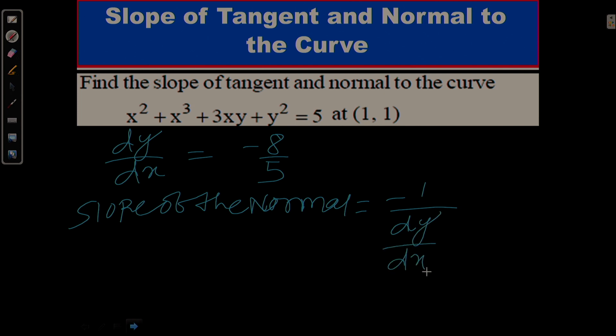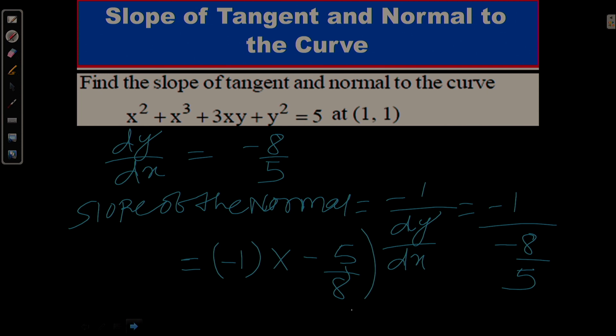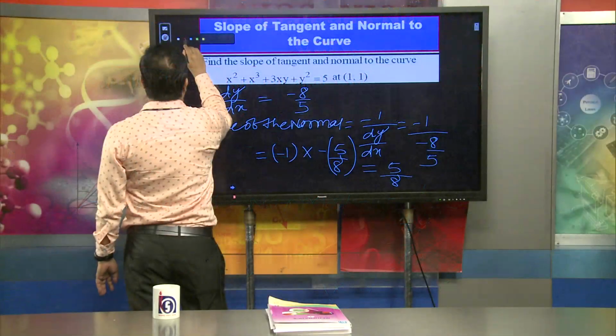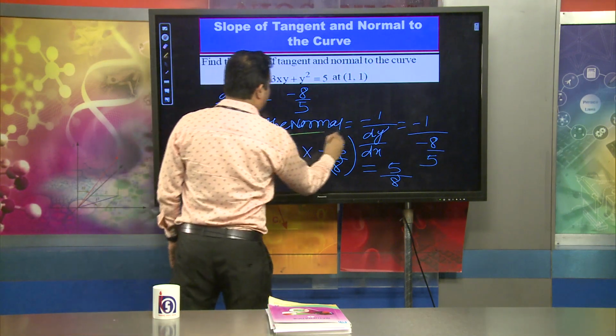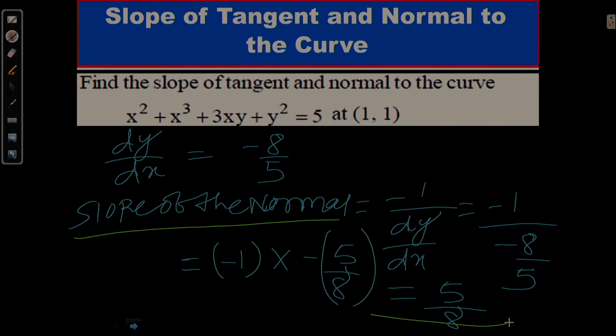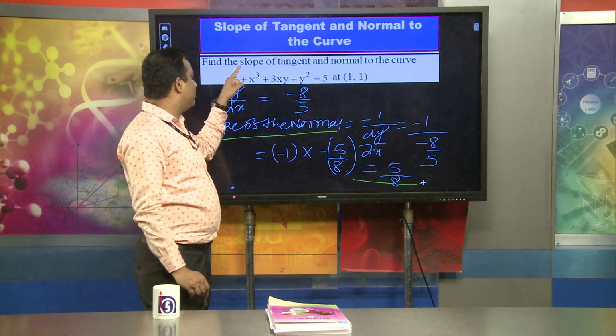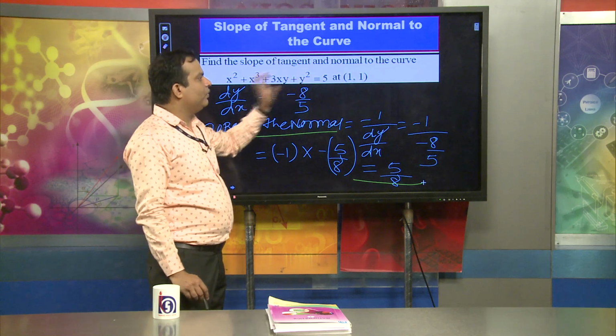That means I can write minus 1 by minus 8 by 5. So, very simply, it equals minus 1 into minus 5 by 8. So, the result is 5 by 8. Very simply I can say the slope of the normal to the curve x square plus x cube plus 3xy plus y square equal to 5 is 5 by 8.